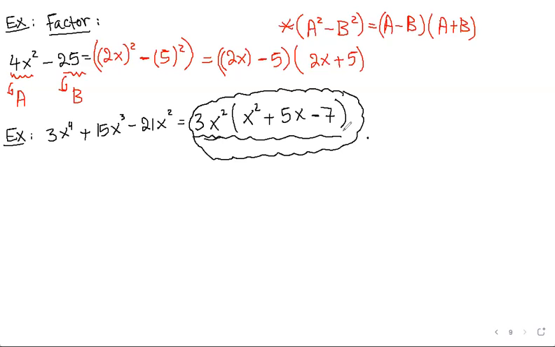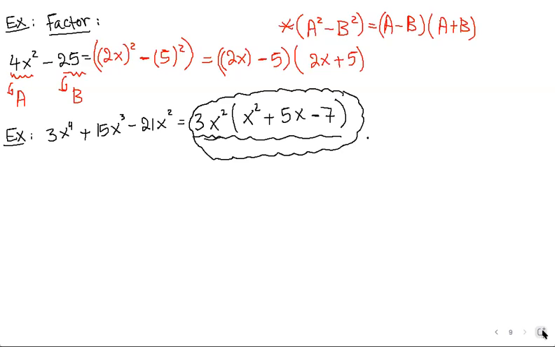Okay, this is about section 1.3 for algebraic expressions. Now we're going to go to the new section, 1.4, rational expressions. Any question before we go to the next section?